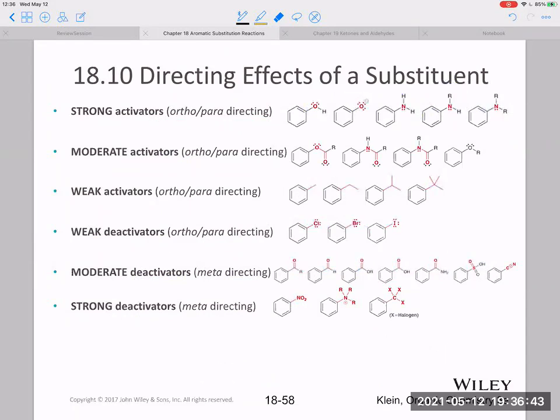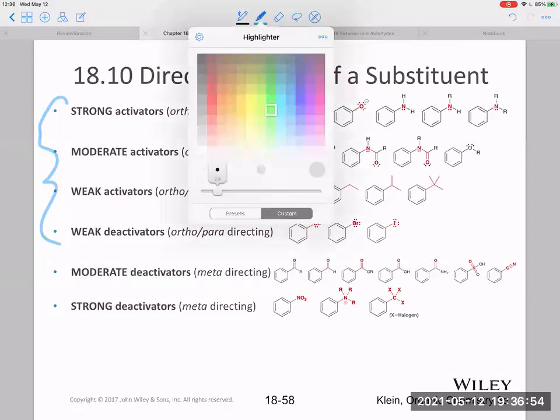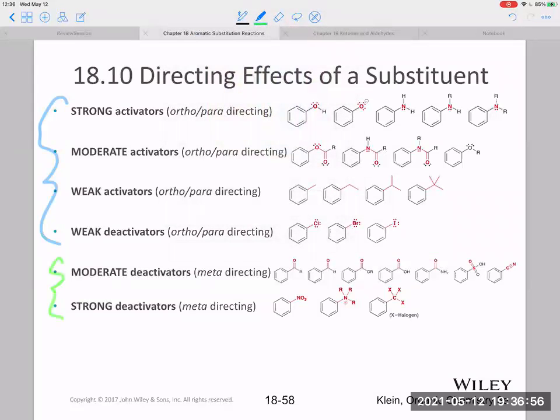Just remember that the first order of things we can worry about is whether or not they're orthopara or meta directing. If we're only going to remember one thing about these substituents, that's the way to go.